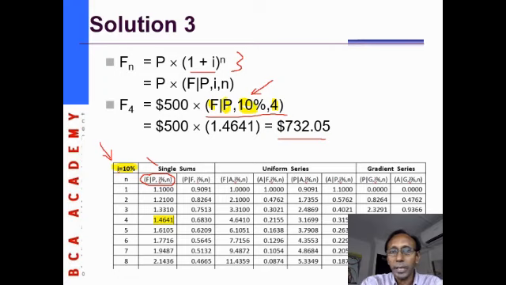In this case, the number of years is 4. The number of years is n, which is growing in the vertical direction downward. Every row is a year. So year n is equal to 1, n is equal to 2, n is equal to 3, n is equal to 4. Matching this particular column and this particular row, what you get is the factor.